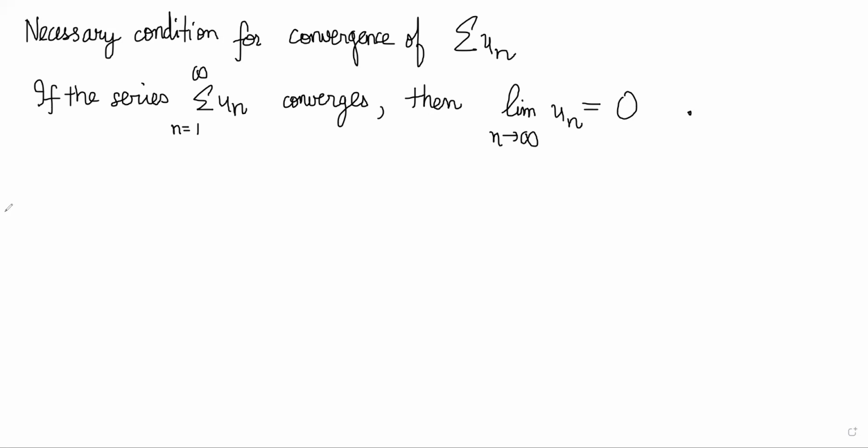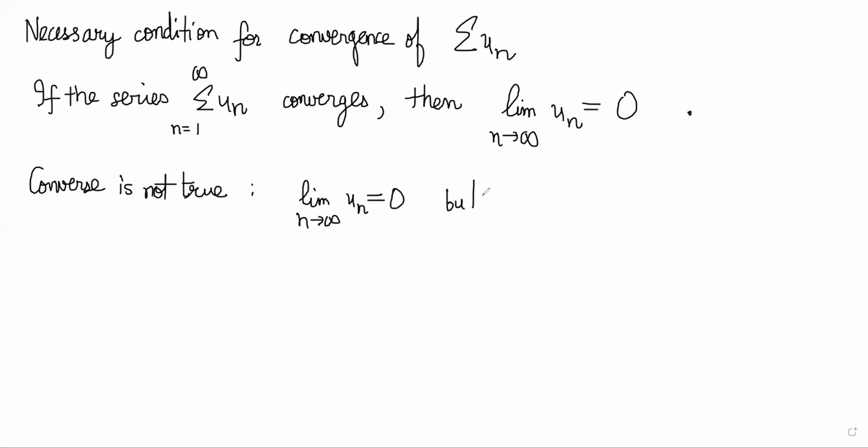Now you can show with some examples that the converse is not true. So basically it is possible for limit n tends to infinity un to be 0, but the series diverges.